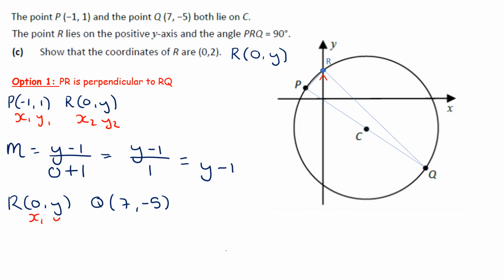There's x1, y1, x2, y2. And the slope is y2 minus y1 over x2 minus x1, which is minus 5 minus y over 7.